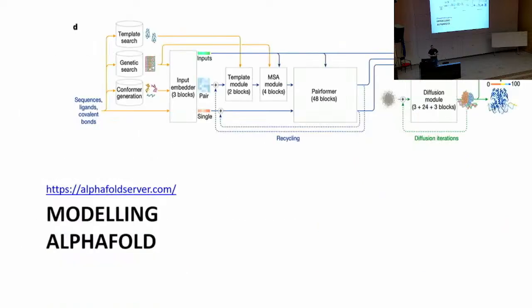And that's the last method I will be speaking about. It's the method where you look at the sequence, you look for templates from the PDB references, and then you do a genetic search in order to get covariance matrices that will give you an inference of the distances between individual amino acids within the structure.